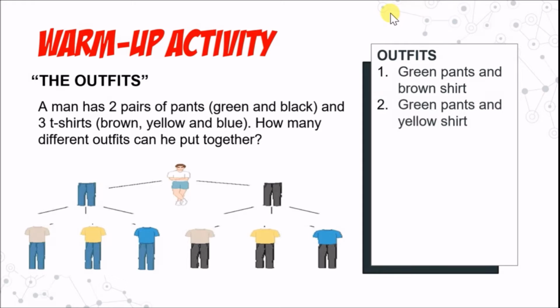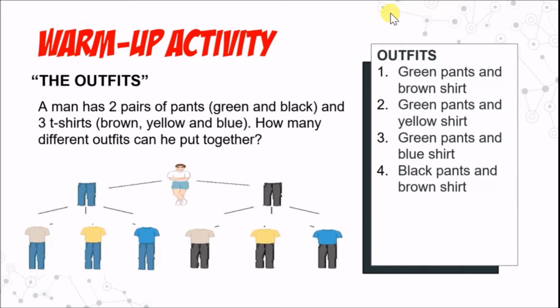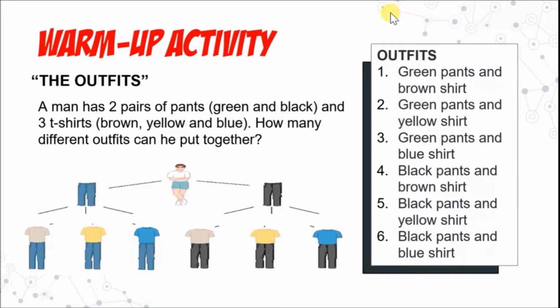Second outfit, green pants and yellow shirt. Another outfit, green pants and blue shirt. Another outfit, black pants and brown shirt, black pants and yellow shirt, and black pants and blue shirt. So therefore, the man can put together 6 different outfits.